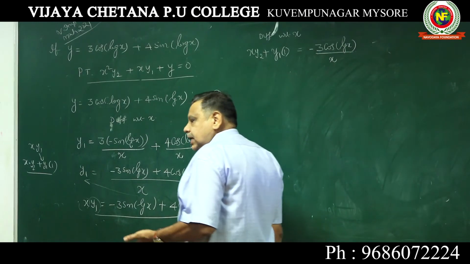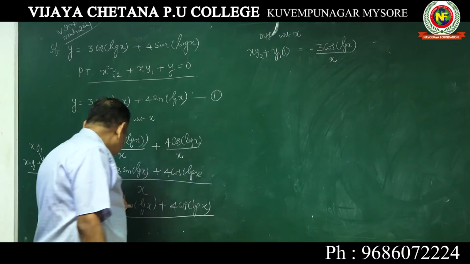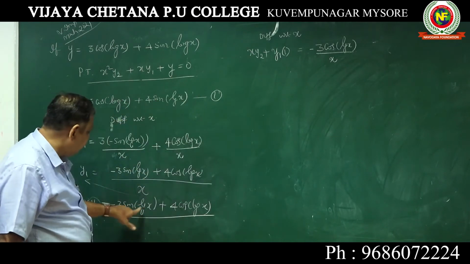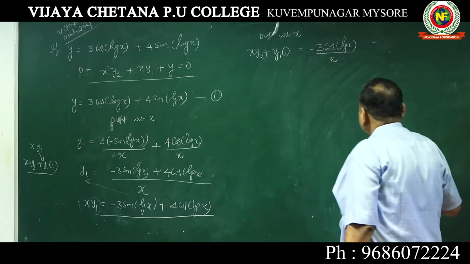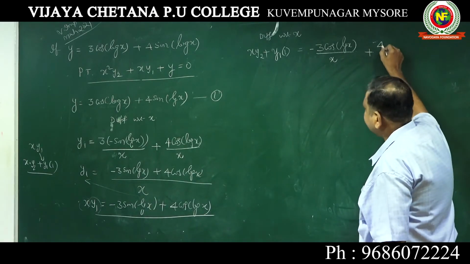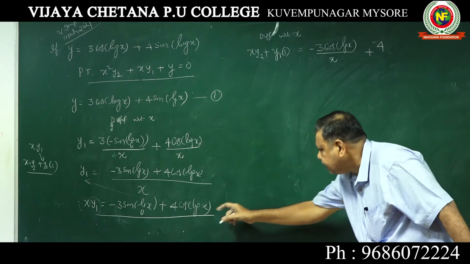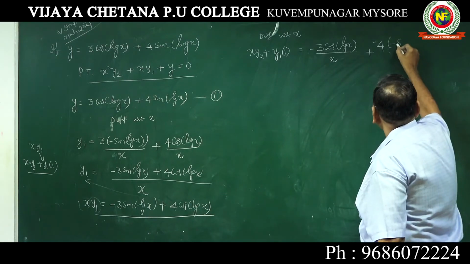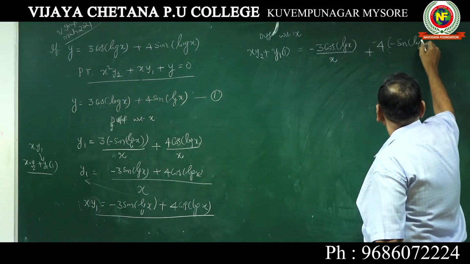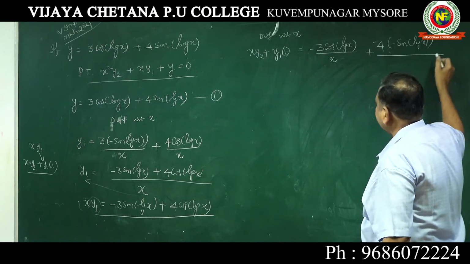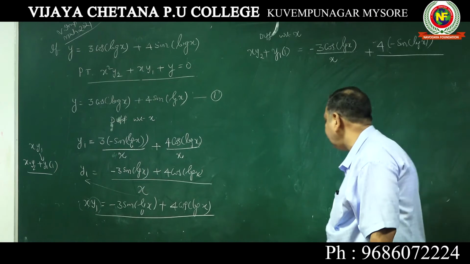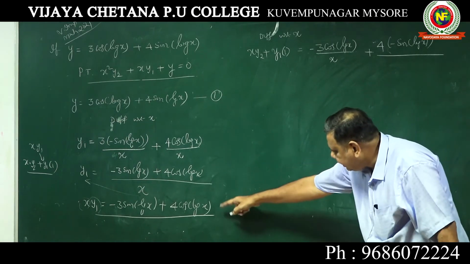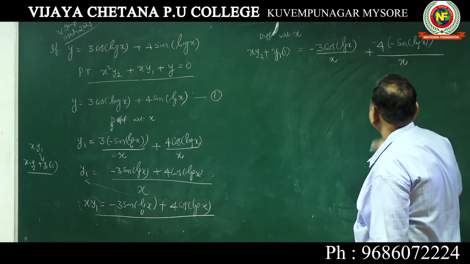Because this is sin x differentiation, cos x into d by dx of log x, we have done it in chain rule also, plus 4 into, here it is cos x differentiation, minus sin log x, not sin x log x, sin log x into d by dx of log x, that is 1 by x.